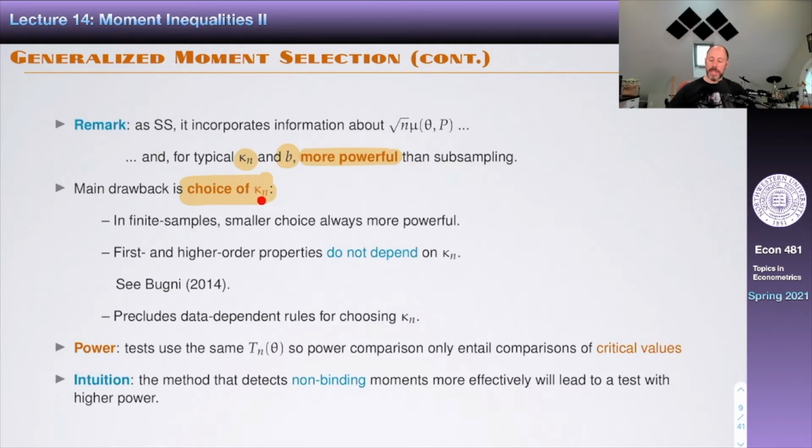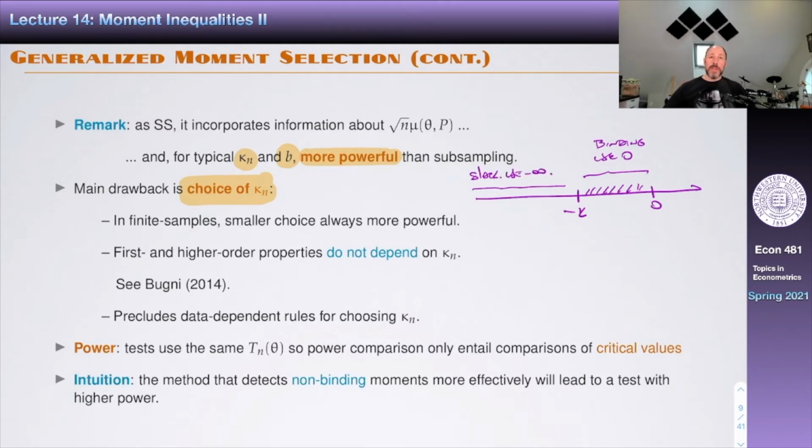And the choice of kappa in finite samples is, in any case, difficult, perhaps as difficult as choosing b, because in finite samples you want a smaller value of kappa, since that always gives you more power. So you want kappa to be smaller. Why is that? Again, remember the picture that we did? 0 is here, negative kappa, and here you say binding, so use 0, and here you say slack, use negative infinity.